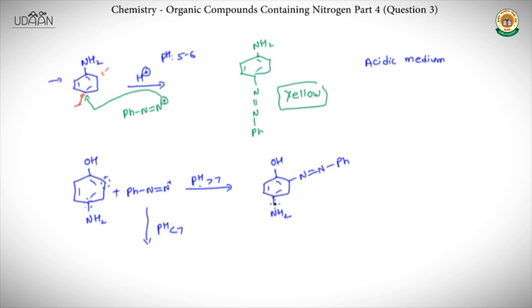So the same thing happens here. You will get ortho to NH2, that is OH, NH2, and here coupling is occurring at ortho to NH2, double bond N Ph. So depending on the pH, the product which you have obtained also differs. So let us go to the next question.